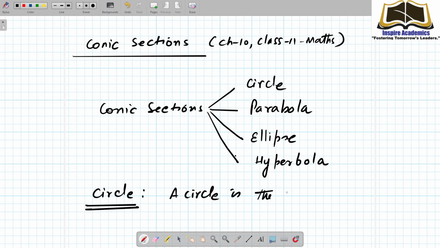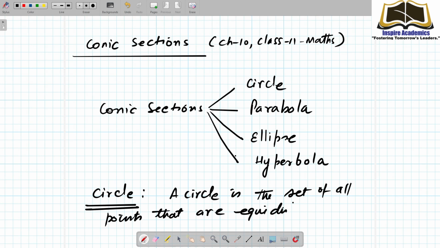A circle is the set of all points that are equidistant from a fixed point in the plane.